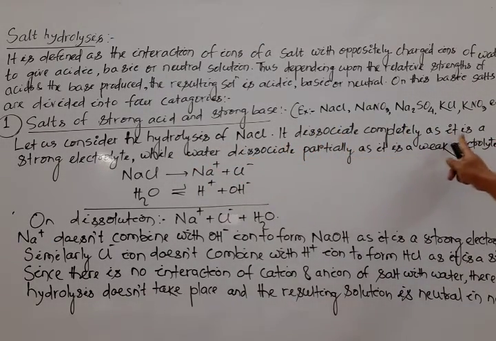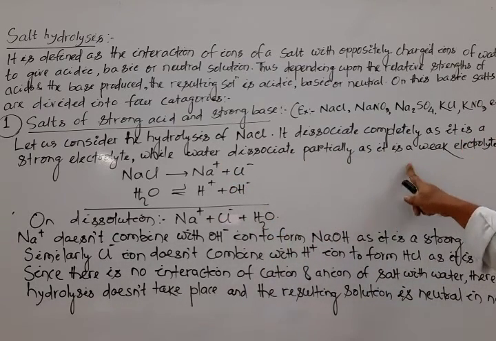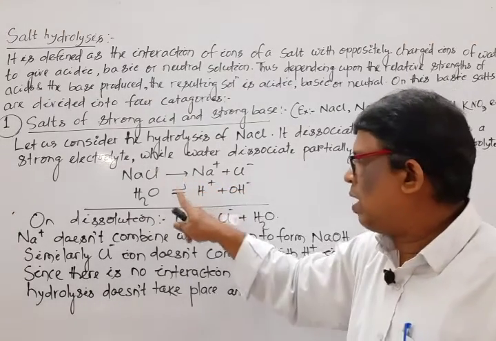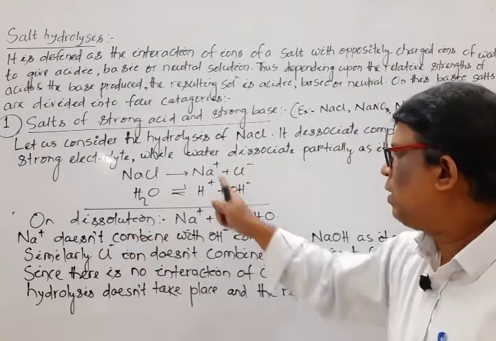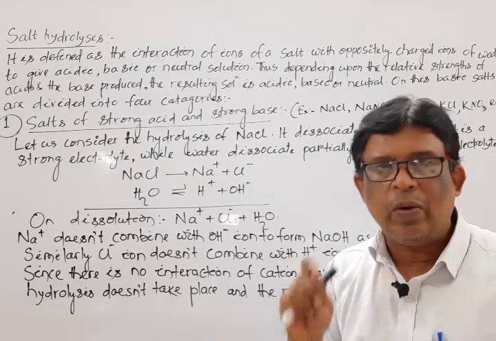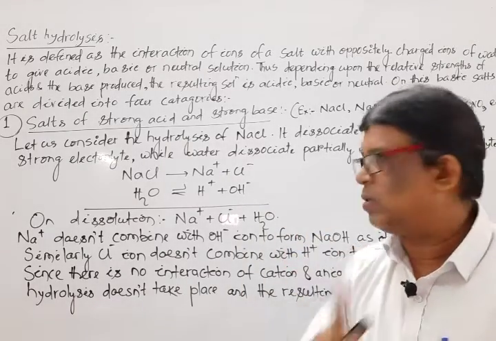Let us consider the hydrolysis of sodium chloride. It is dissociated completely as it is a strong electrolyte, while water dissociates partially as it is a weak electrolyte. It is a single arrow because it is a strong electrolyte, and a reversible sign as it is a weak electrolyte. On dissolution, what happened? Na+ never combines with OH- to form NaOH because it is a strong electrolyte. Never combine, remain as such.